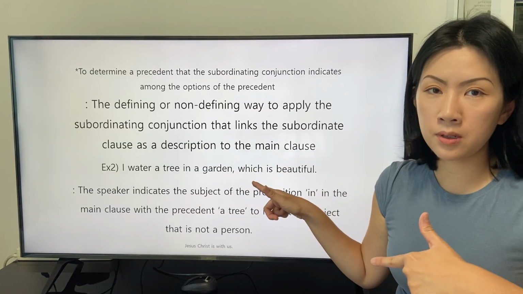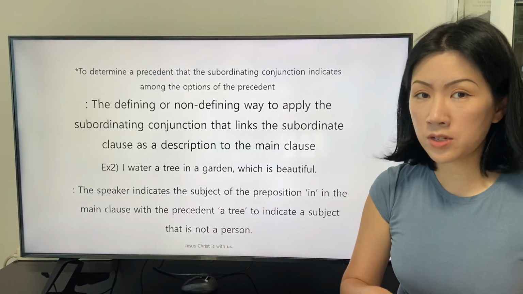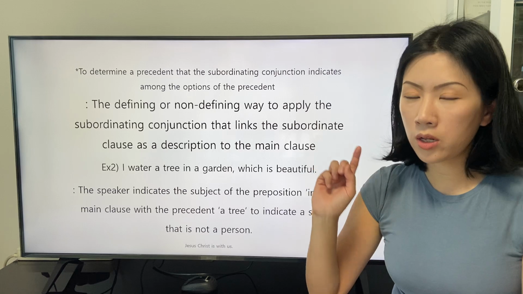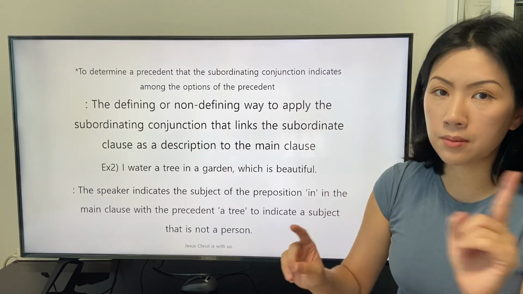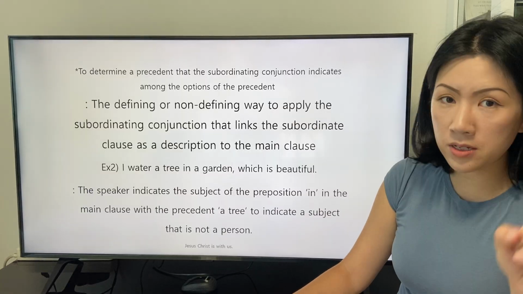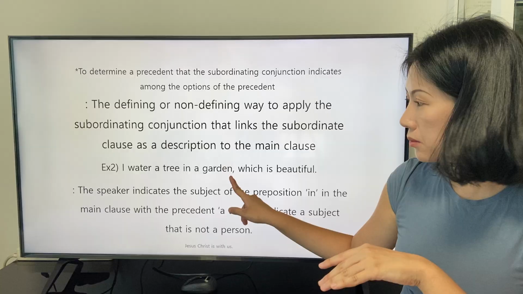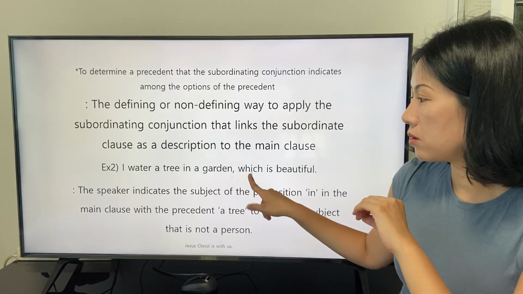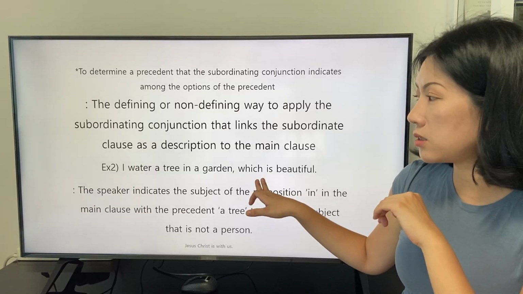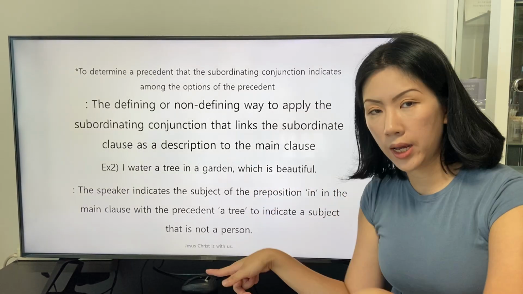And there is the second example. The second example consists of the same words as the first example, and the arrangement of the words is also the same. The only difference between the first example and the second example is the application of the comma ahead of the pronoun which. So we admit that this pronoun is applied in the non-defining way.